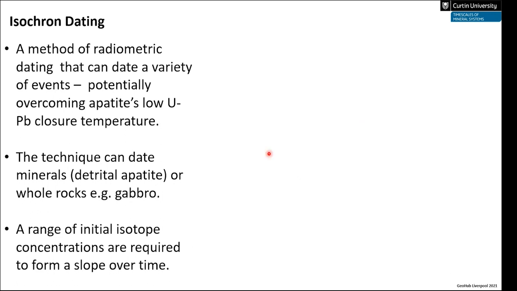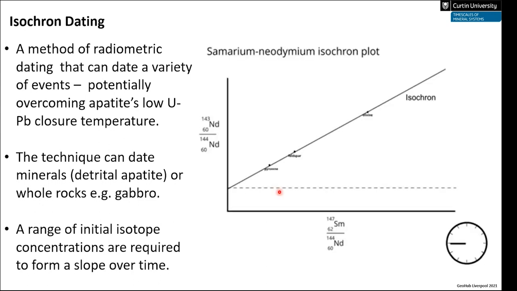So a potential solution to overcome this complication with apatite is to use the isochron dating technique. So at crystallization, all grains, or detrital apatite perhaps, in the system have the same samarium-neodymium ratio, just different concentrations. So at time 0, the isochron is defined by a horizontal line.